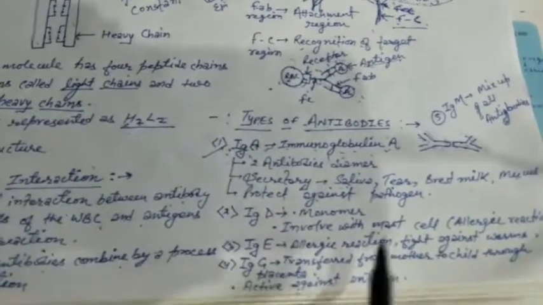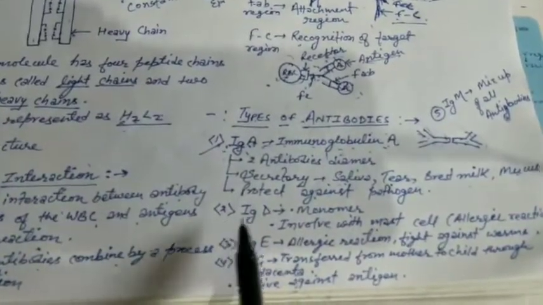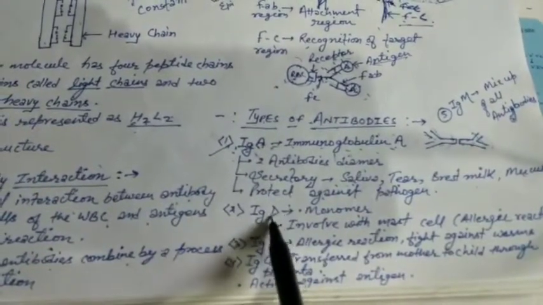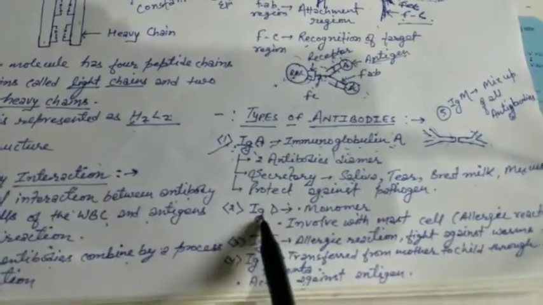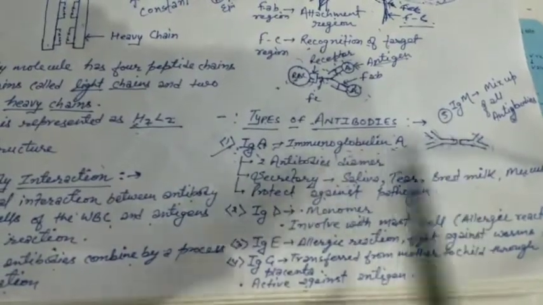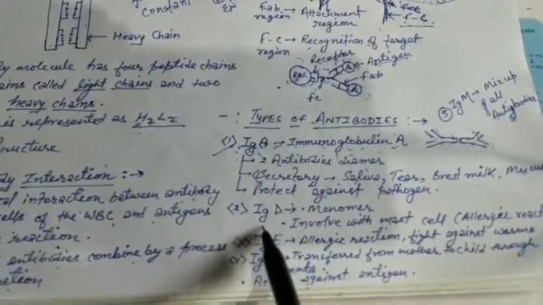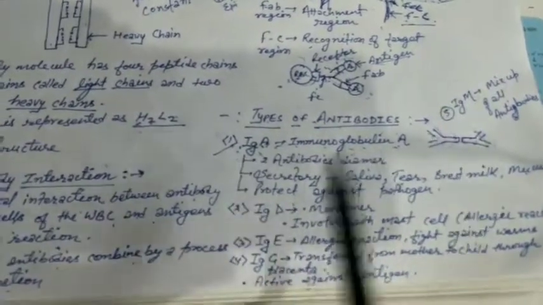Then the next antibody is IgD, immunoglobulin D. Structure-wise it is a monomer, it is not a dimer. It has a single molecule of antibody.